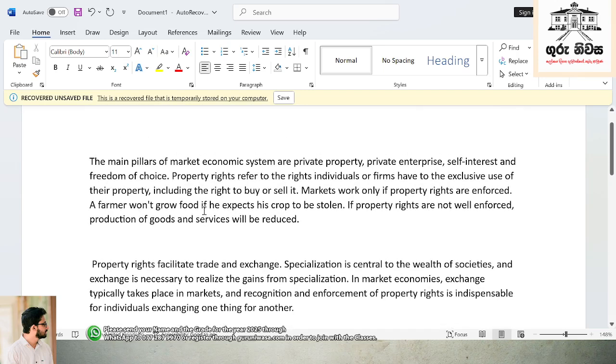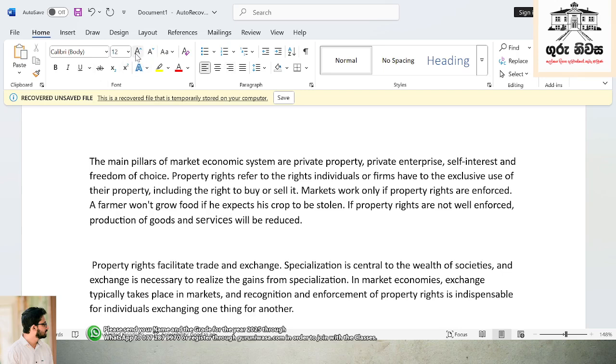Can you see the screen, this Word document? Yes, sir. What is the question asked? Why is property ownership so critical in a market economic system?